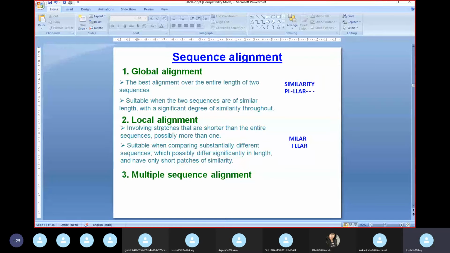Right? So local alignment involves stretches that are shorter than the entire sequence. And local alignment is suitable when I'm comparing substantially different sequences, which may differ significantly in length and have only short patches of similarity. So if I compare two different dehydrogenases, their only similarity comes near the NAD binding region.